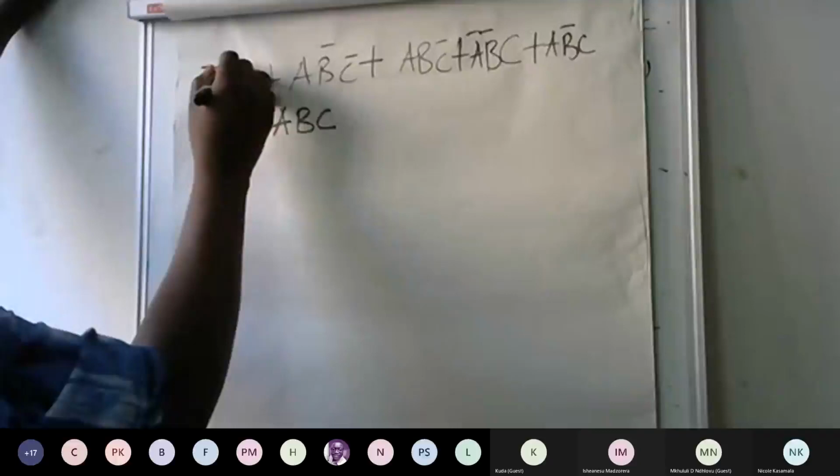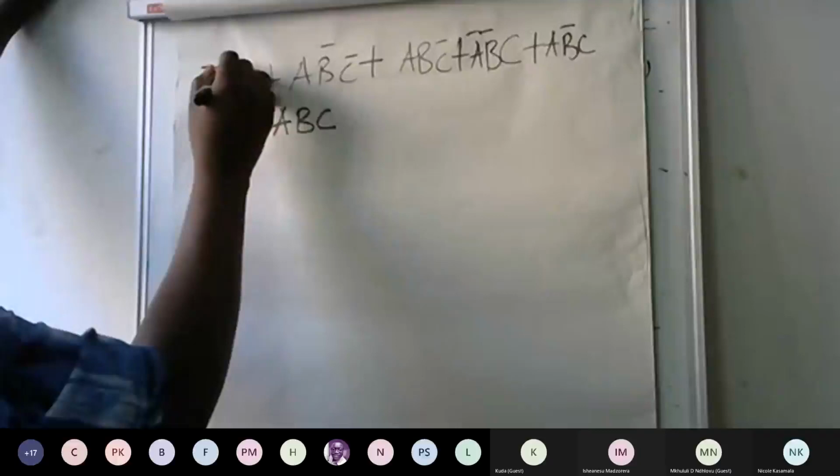Let me try to group these things so that you'll be able to appreciate the laws that I want you to have. Now, when you are looking at these expressions and trying to simplify them, it's good that you identify things that can be found in common.